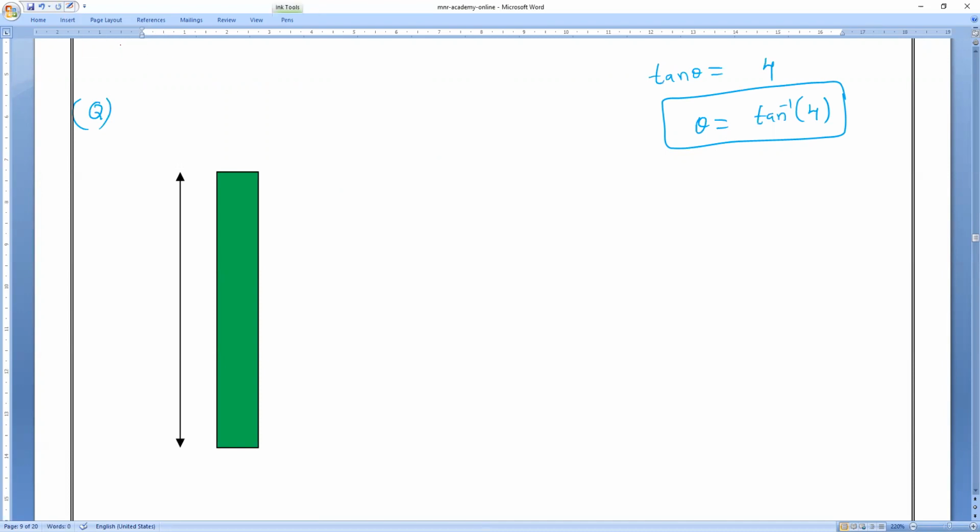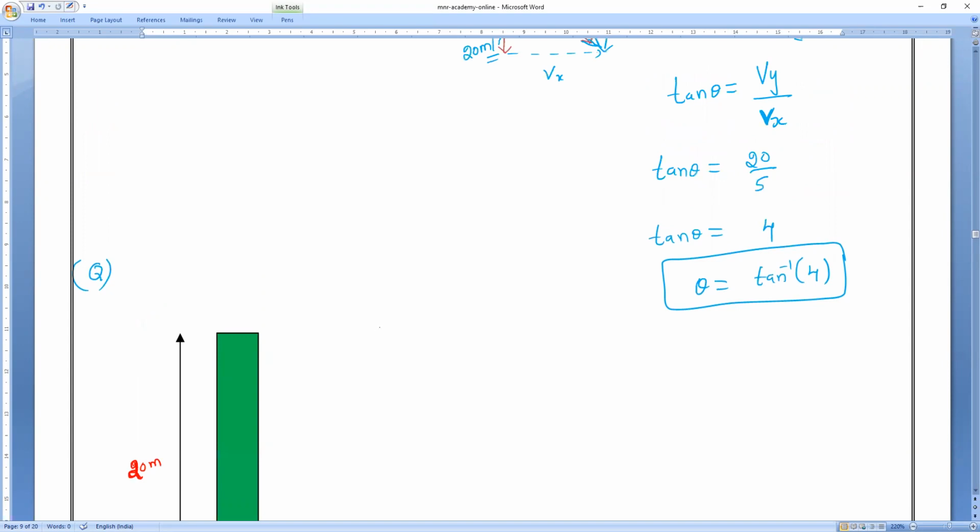Once you complete the question, you just tell me and you can proceed. The height of the tower is 20 meters. Now, a ball is projected.